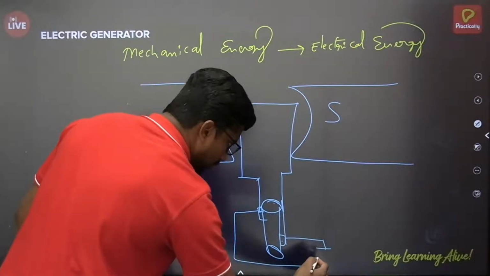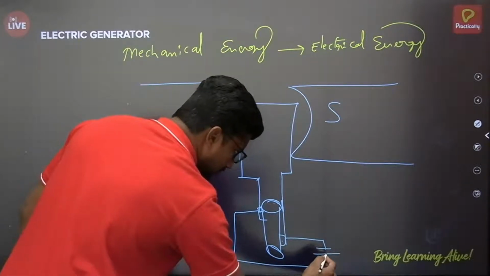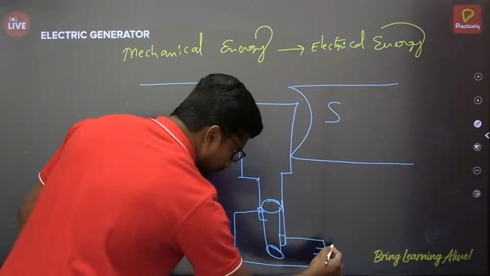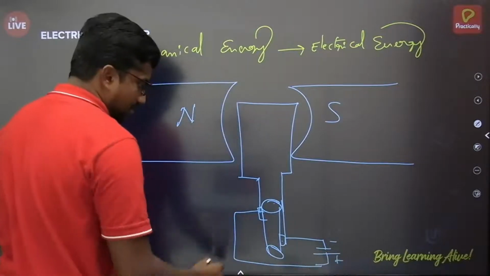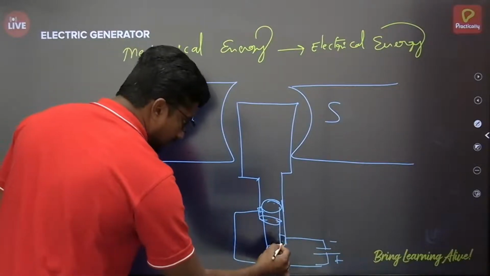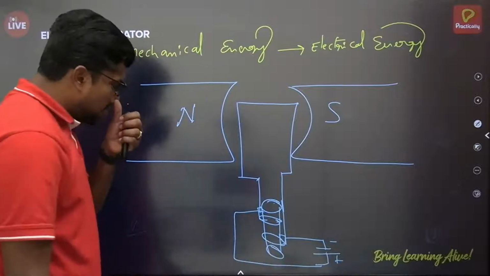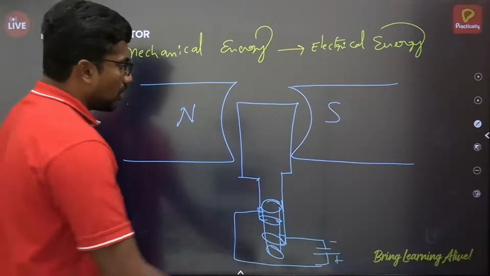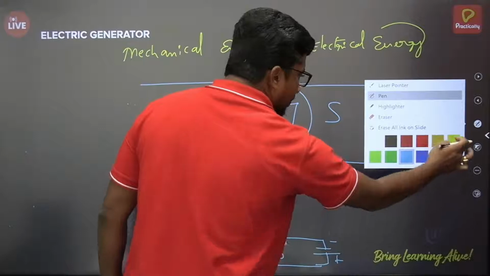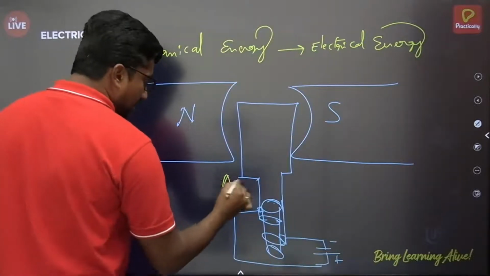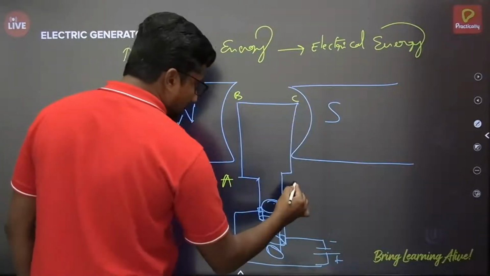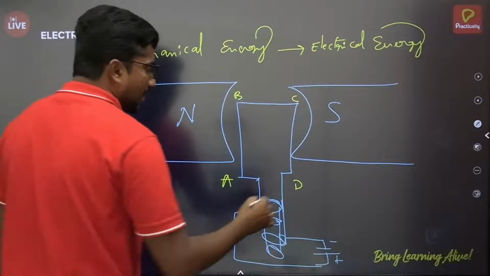Connect it to a source like this, and here slip rings will be there. Now if you see the labeling here, let the coil be A, B, C, D.